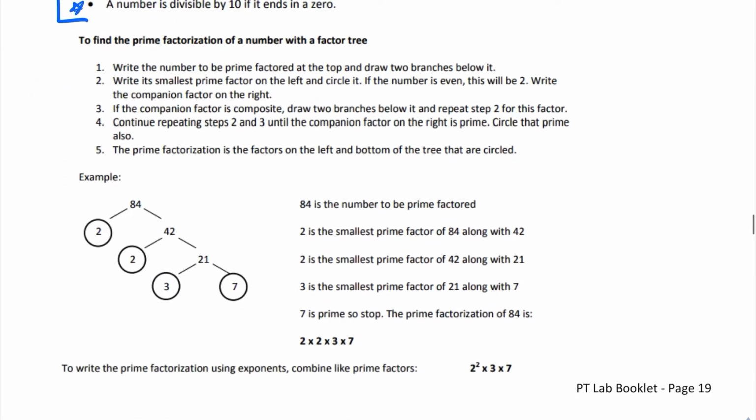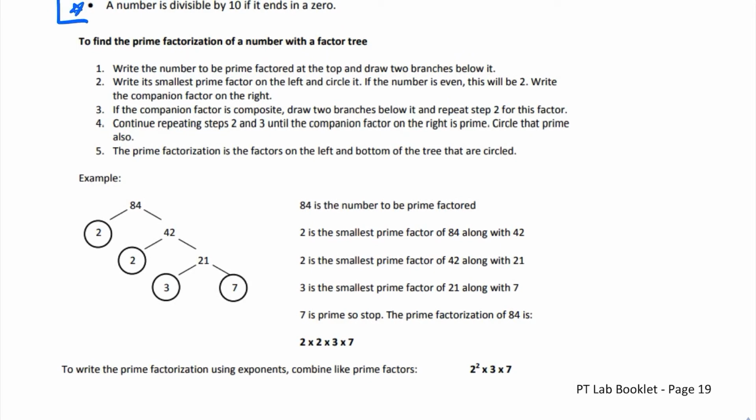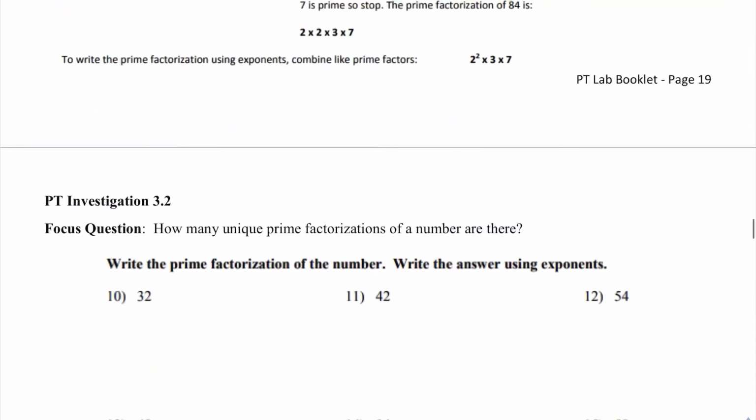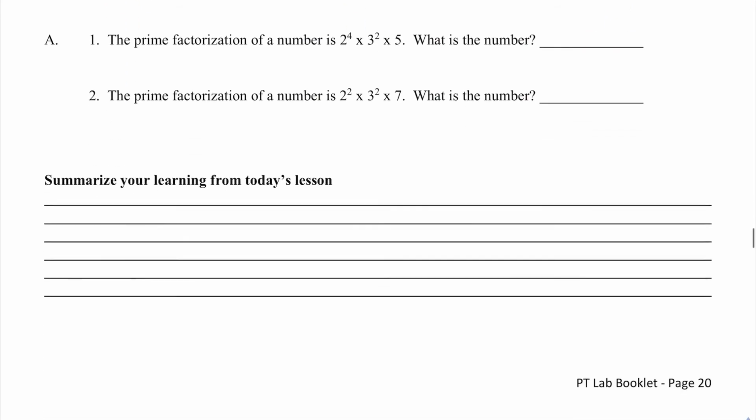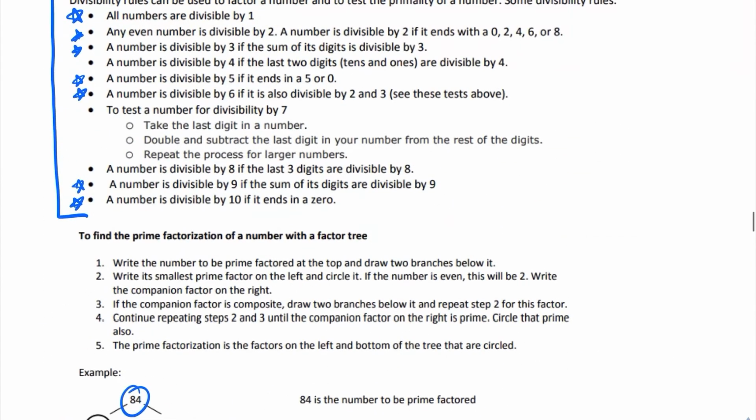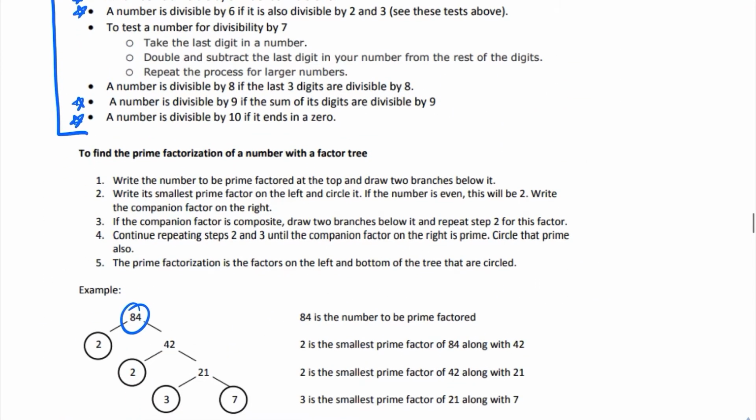So here's what we're going to do. We give you guys the process of how to find the prime factorization of a number. In this example, it's 84. I'm going to start on page 19, and I'm going to be going back and forth between this step-by-step guide, our step-by-step guide to prime factorization.